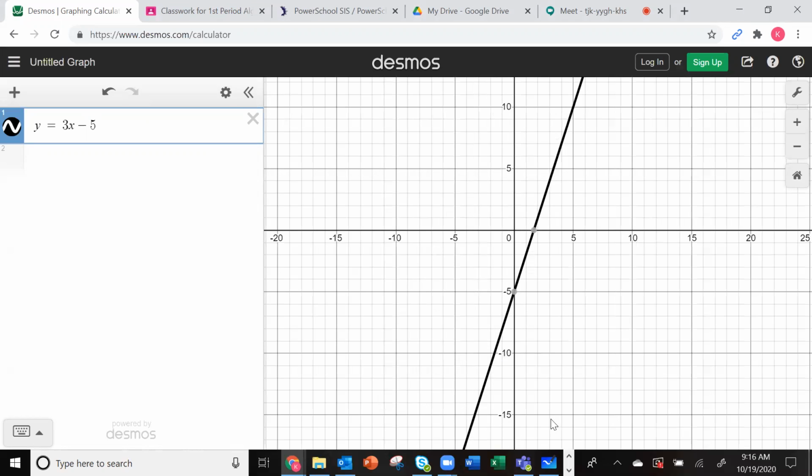Yes, from left to right, my line is going up. So it's got a positive slope. The slope right here is positive 3. But what was the second requirement? The second requirement was that it has a y-intercept of 0, 0. Well, look, it crosses the y-axis here at 0, negative 5. That's why it's not a direct variation. It has to go through 0, 0.